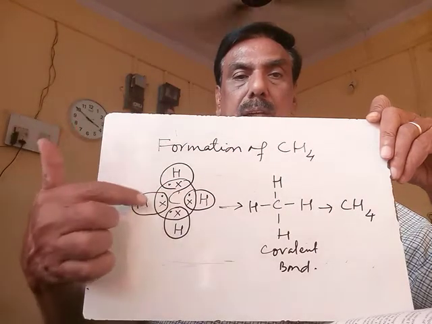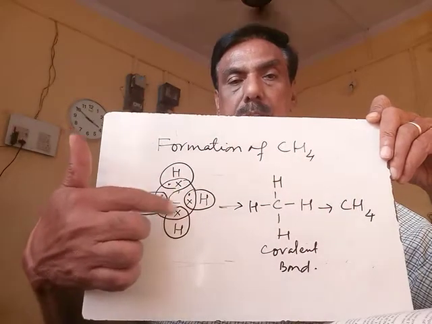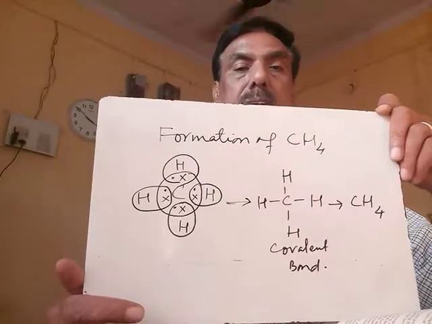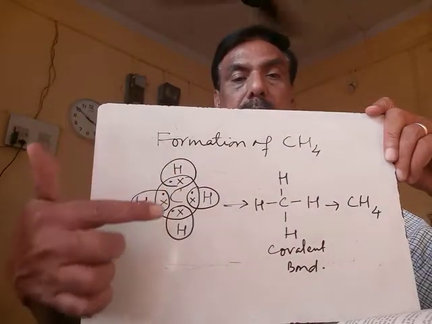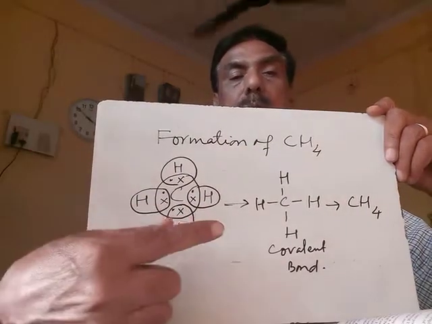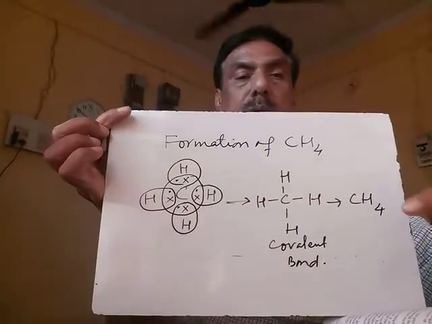Look at this, this is a hydrogen atom. Now this carbon has a total of 8 electrons, and each hydrogen has 2 electrons. Therefore, the bond formed is a covalent bond.